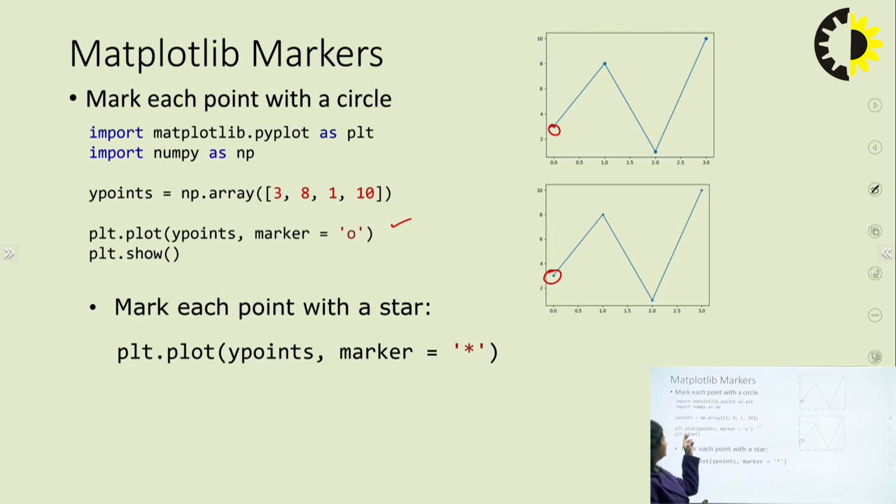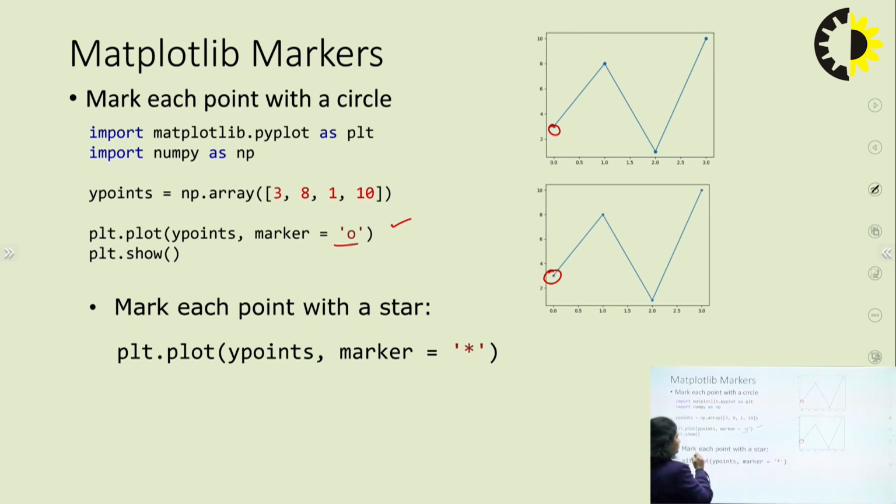After that, plt.plot y points. If we have to draw points with O, we are going to use marker equal to O. Okay. Mark each point with a star.